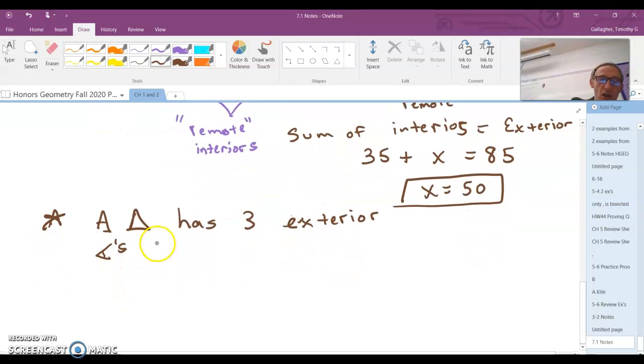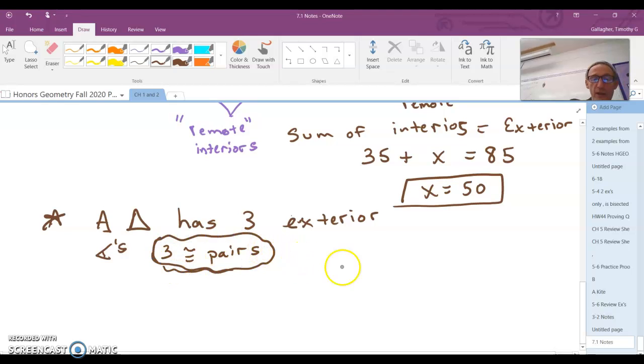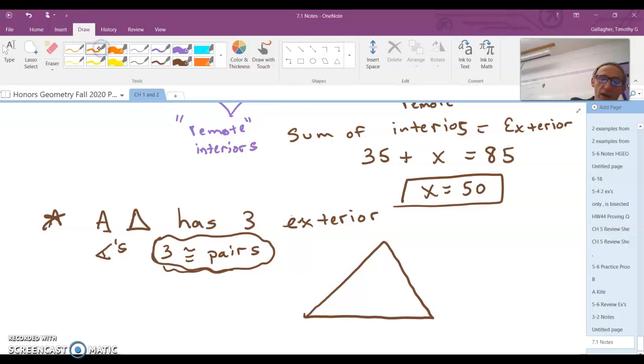Now, these are really three congruent pairs, and I'll show you what I mean by that. So here's a triangle. What I'm going to do is draw an X on each vertex.